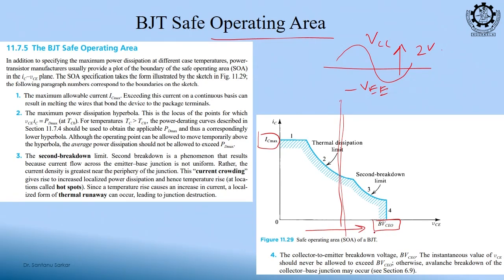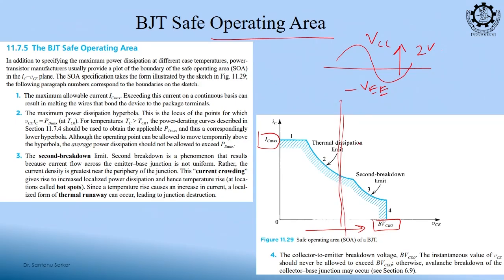If you go beyond this voltage, what will happen? The transistor may be destroyed due to the avalanche breakdown, or because large current will flow, and due to large heat dissipation, all the internal structure may melt, and get destroyed, damaged.